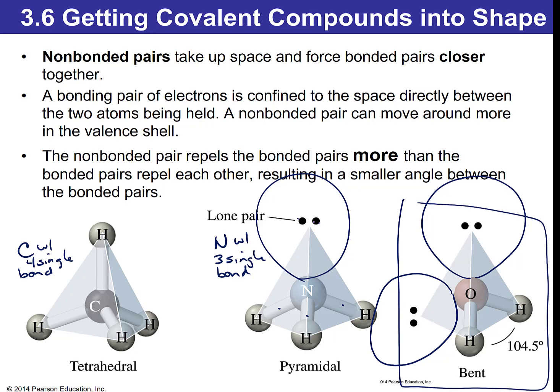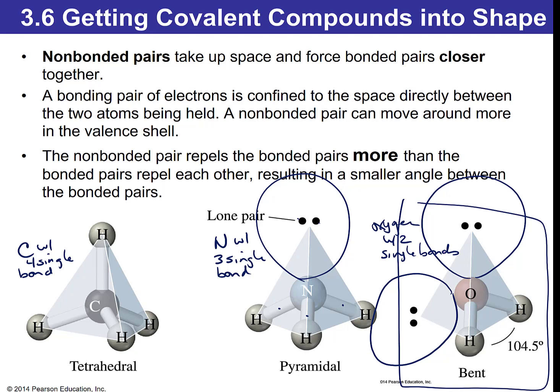Same thing when you look at water, when you look at oxygen, there's 2 pairs of non-bonding electrons. And those have an even bigger repelling effect on the hydrogens that are attached to that oxygen. If you see an oxygen with 2 single bonds, it will always make this bent arrangement.